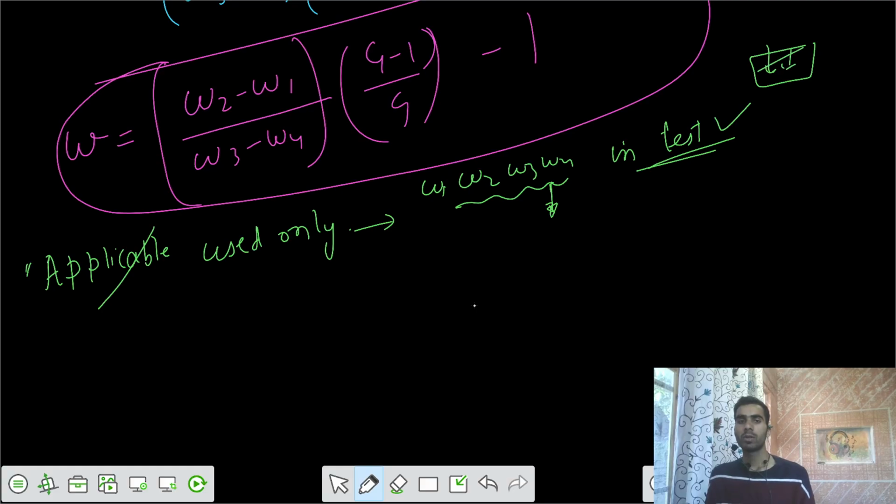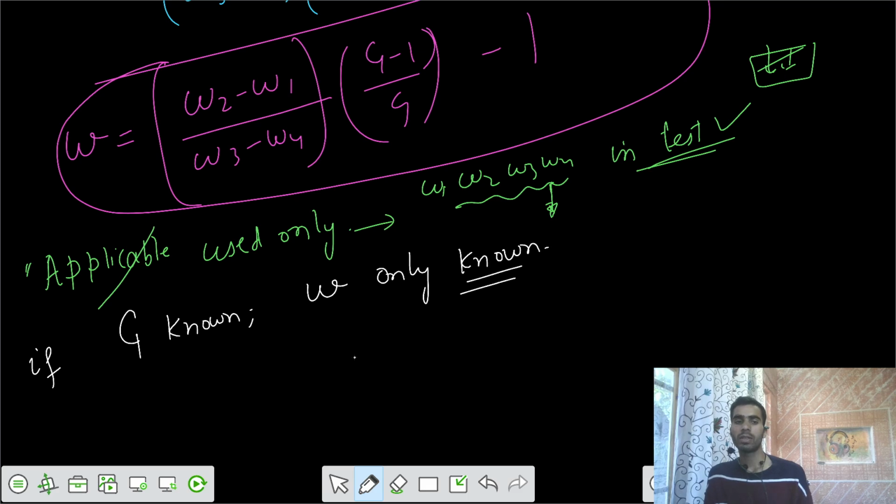But what is one more parameter we have to calculate? There's the role of G here. So I would say, if G is known, only then you can calculate water content. If your specific gravity of solids is known, only then can you calculate water content.